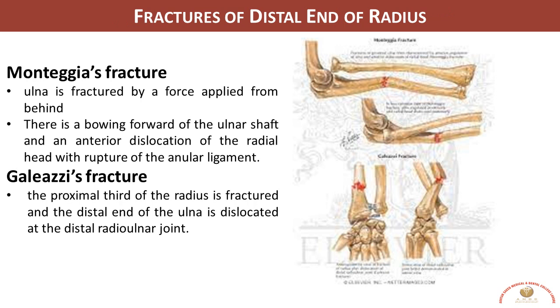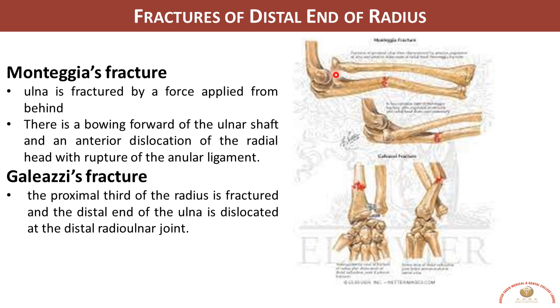Now the fractures of the forearm. There are two very important types of fracture, Monteggia's fracture and Galeazzi's fracture. In Monteggia's fracture, what happens? There is a fracture of the shaft of ulna by a force applied from behind. The force is applied, the fracture occurs, and along with that there is a bowing forward of the ulnar shaft and anterior dislocation of the radial head. Why is the radial head dislocated?